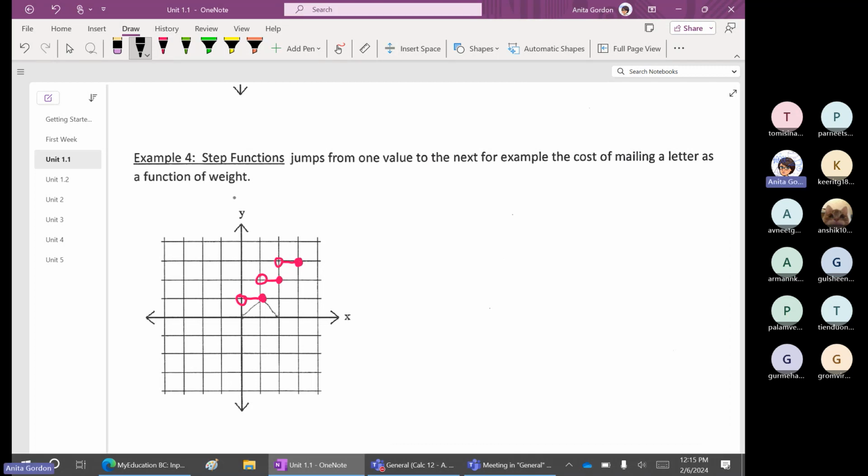Let's say that the y value represents the cost in dollars, and the x-axis represents the weight in grams, where each line here is 1, 2, 3. And let's say that each step is a quarter, like 25 cents. This one's 50 cents. This one is 75 cents. And this is $1.